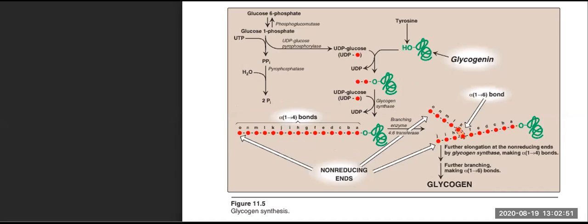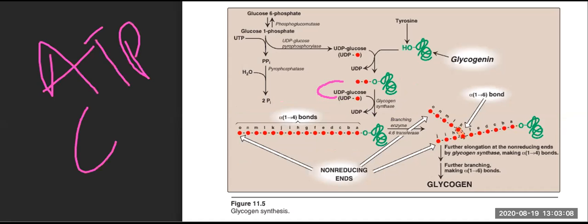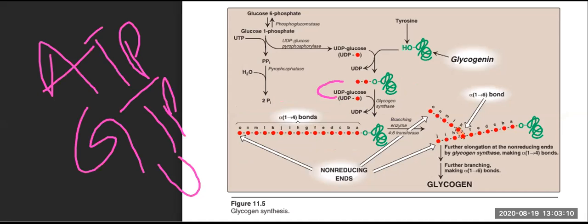But they said that synthase or synthetase joins 2 molecules in the presence of an energy compound. So can I say that UDP is an energy compound? Yes, I can say that, because when ATP can give you energy, when GTP can give you energy, why not UTP? Uracil is also a nitrogenous base like adenine and guanine.